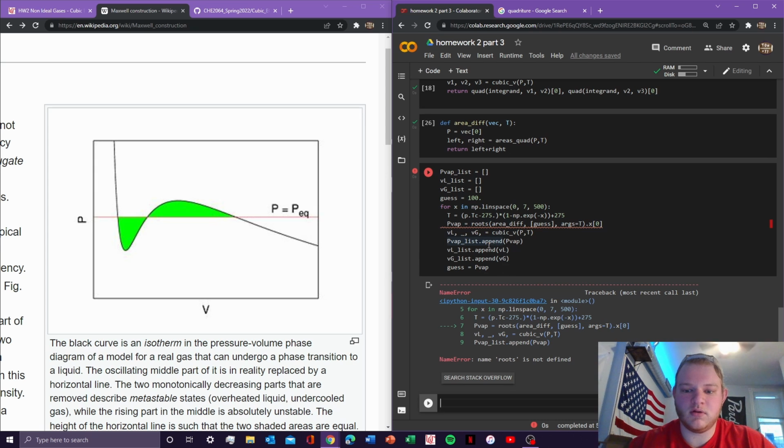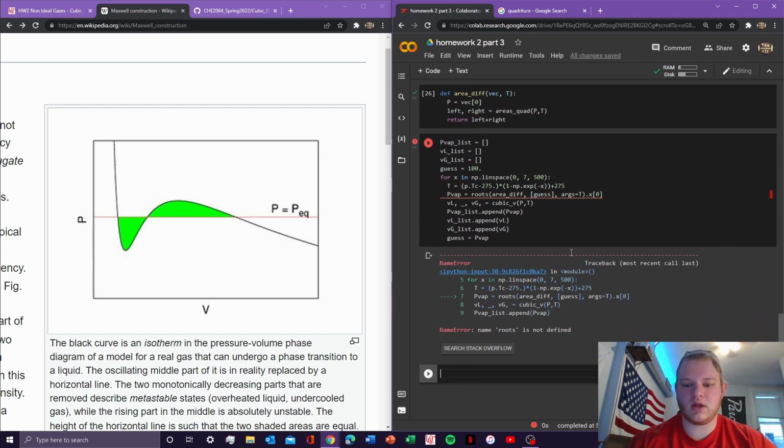We also created lists for the vapor pressure, the volume of the liquid, and the volume of the gas to update every time it goes through, so it can keep figuring it out. When this spits out, it gives an array, so we just want the x values, and only the first one. So that's why that is there.